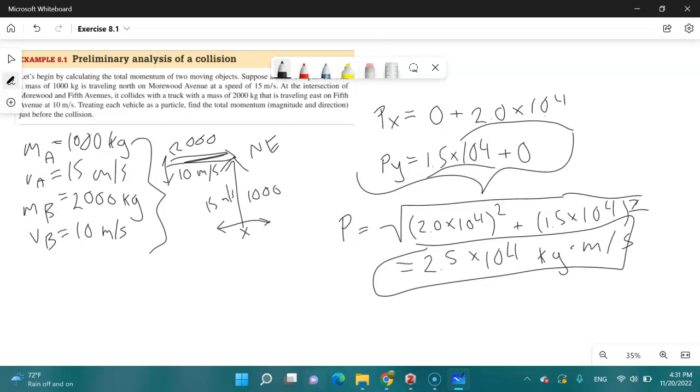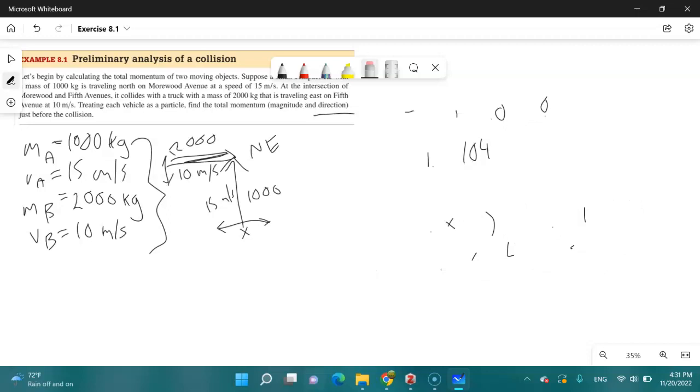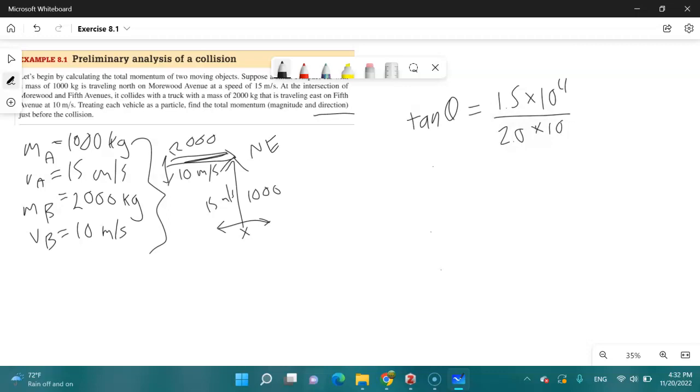Now we're also being asked here to find the direction, so let's move on to finding the direction, and we can work with the values that we got in the x and y direction. To find the direction, we can do the tangent of theta, and that would be our y value over our x value. So we have 1.5 times 10 to the 4th, and we have 2.0 times 10 to the 4th, and they both have the same units.